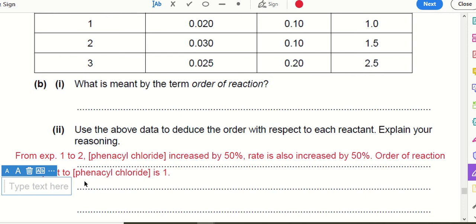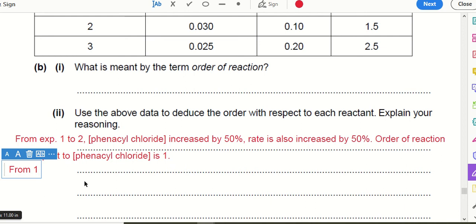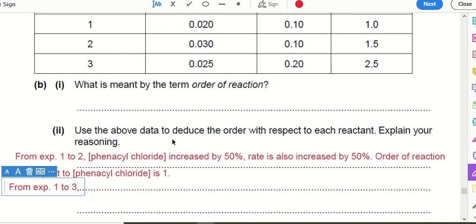Now let me show you how I do this. I'm going to show you the explanation method. Later I'll also show you how to use calculation. So I'm going to use experiment 1 and 3, for example. Let's look at experiment 1 to 3. Now, the concentration of phenyl chloride increased by how many times, or how many percent?